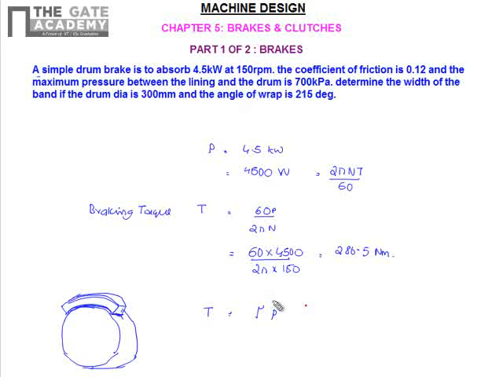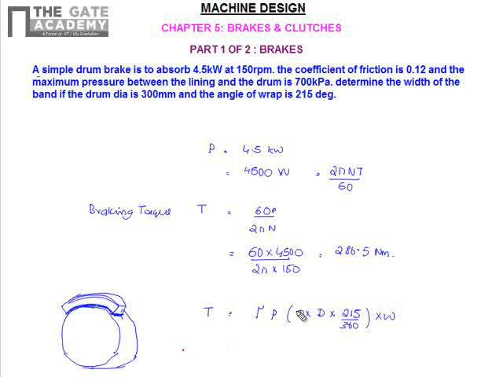Normal reaction is pressure into the contact area. Contact area will be pi into D if it is a full wrap, but it is wrapped only 215 degree. So out of 360 degree it is wrapped 215 degree. So pi D into this fraction will be the length of contact. For the area we need this also into width. So this will be the braking torque.